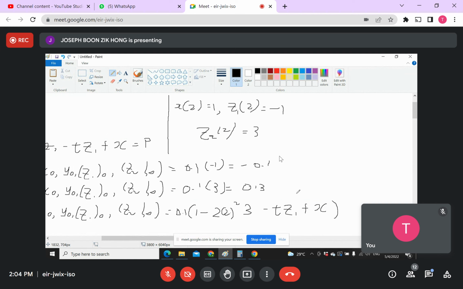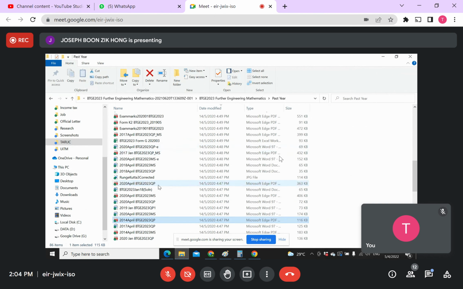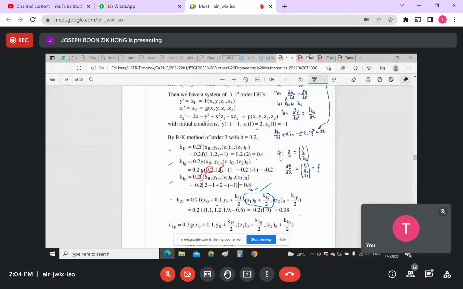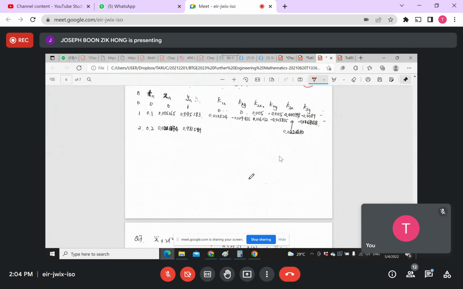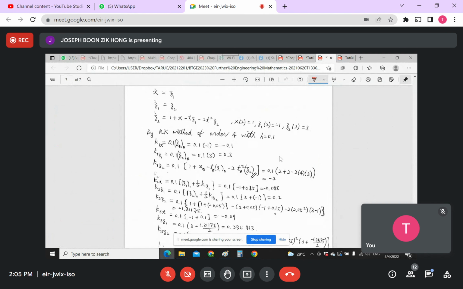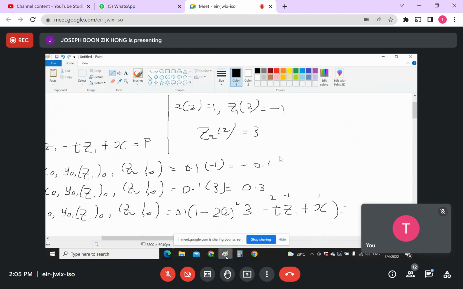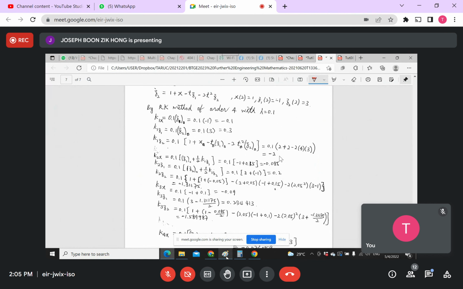T again is 2, so you change this one into 2. Your Z1 is negative 1, and your X is 1. So we calculate this and I will get K1P. I directly use the answer: negative 2.